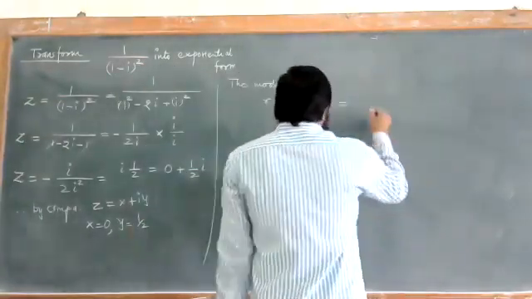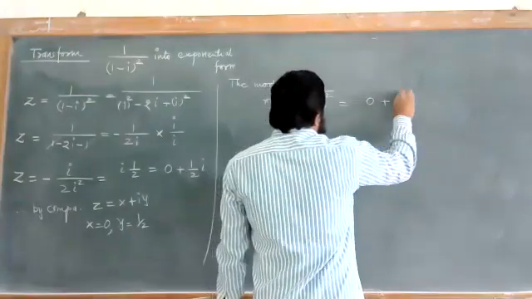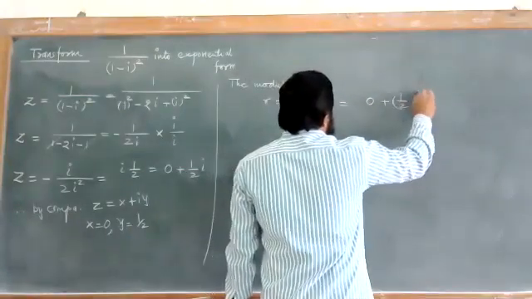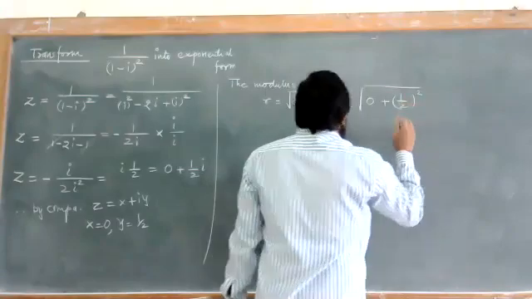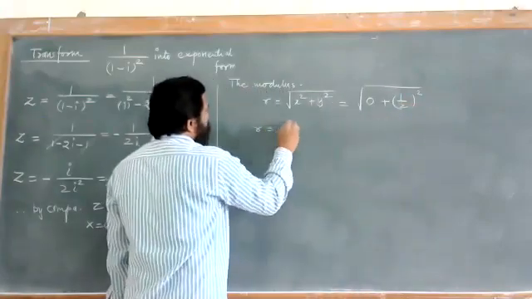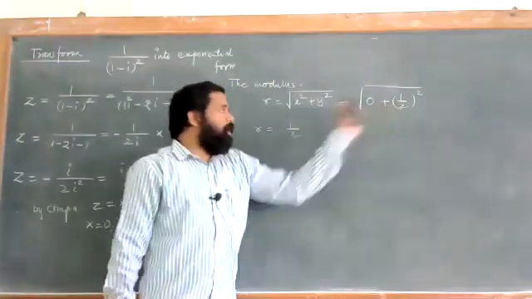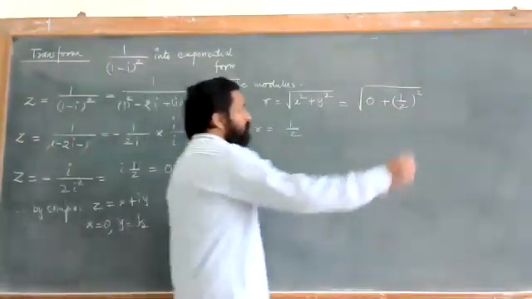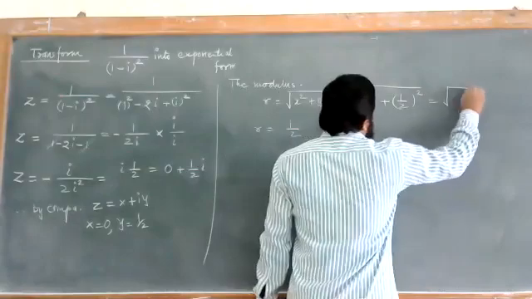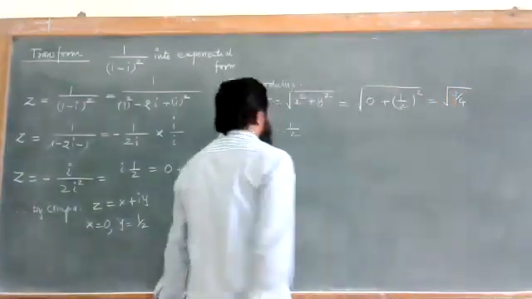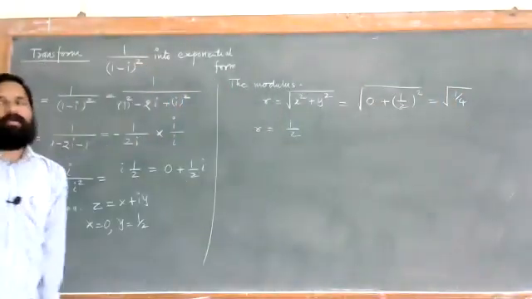That is x is 0 and y is 1/2 square. Okay, and so the value of modulus is nothing but square root of 1 upon 4, and so the modulus is r is equal to 1 half.